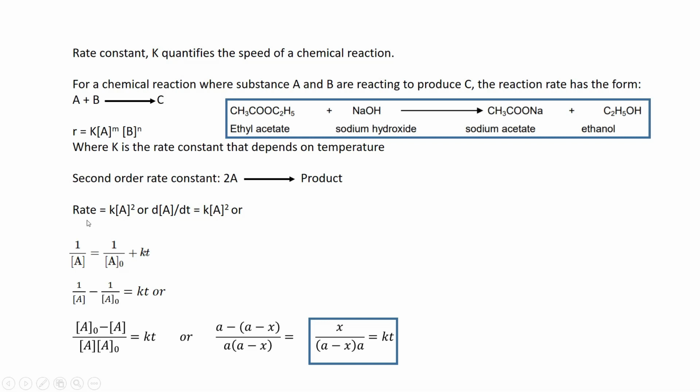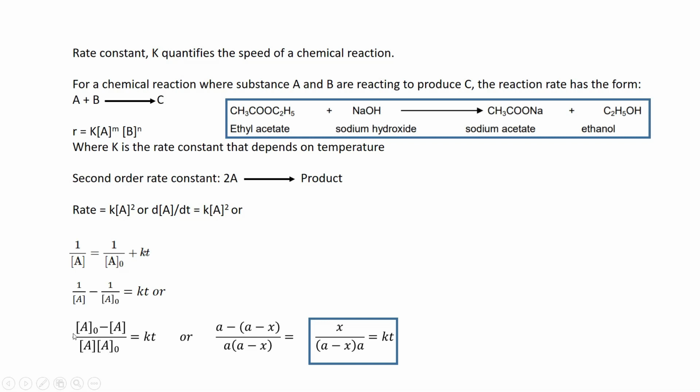So the rate expression can be written as K times A squared, and when you differentiate and integrate that, you get a final expression where 1 by A is equal to 1 by A naught plus Kt, where A naught is the initial concentration of the reacting species A, whose concentration at any given point in time is A. With simple algebra, you can finally get an expression: A naught minus A divided by A into A naught is equal to Kt.